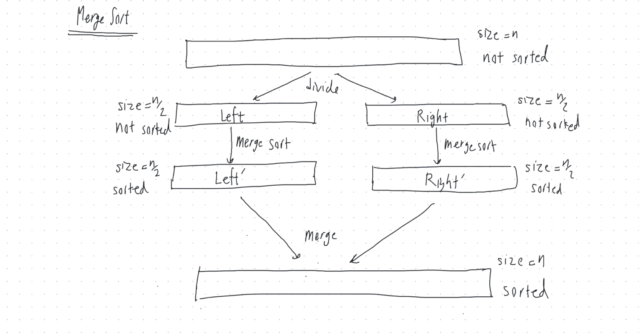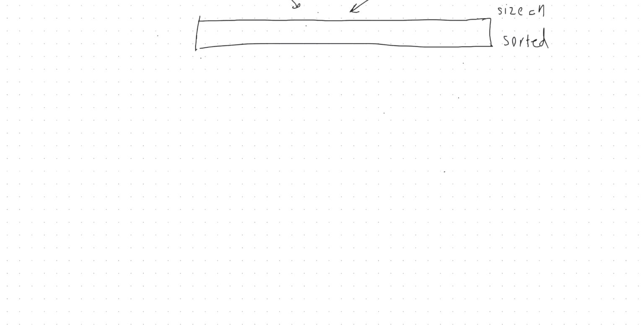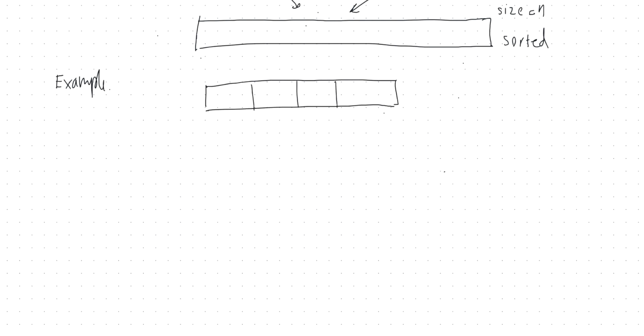Let's say an example of size 4. So here's my example. Let's say the original array has size 4, and it's an array of integers. And for the values, let's say we have 7, 3, 5, and 4. And we want to apply that algorithm to this array.